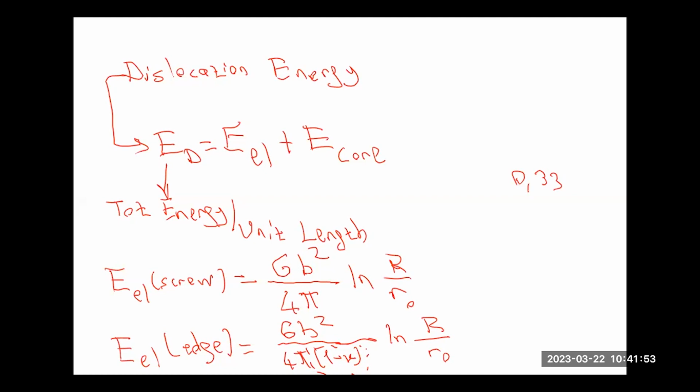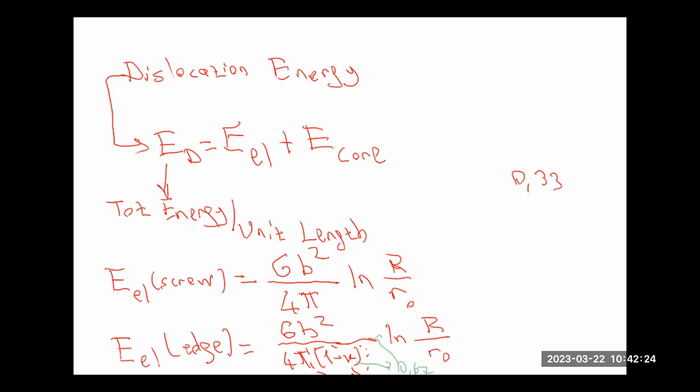Which one is smaller, just looking at these formulas? Edge or screw? Screw is smaller, right? Here we will have something like 0.67, which will increase the denominator part of the edge dislocation.